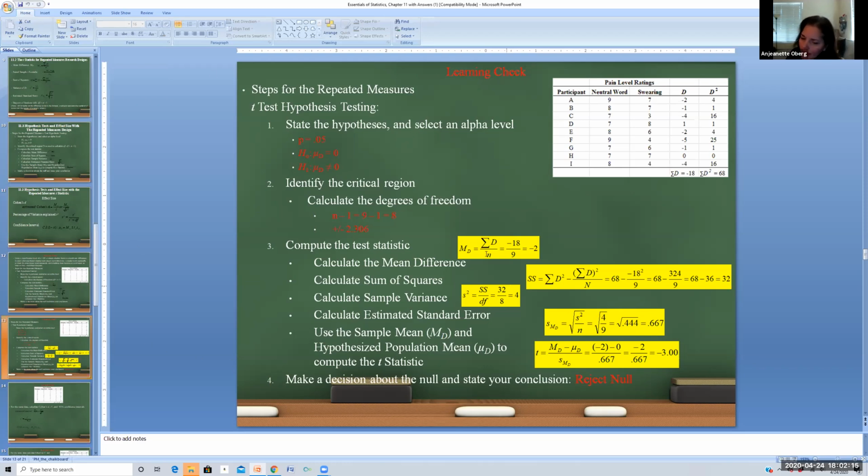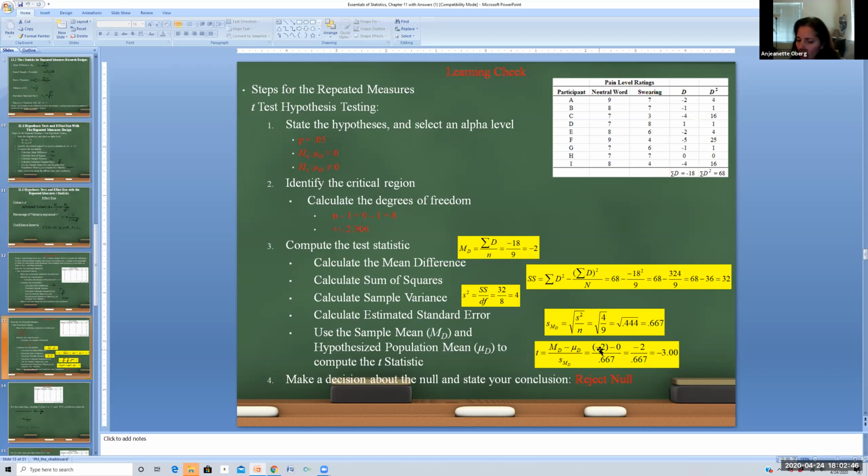Then I'm going to plug that sum of squared deviations value, 32, divided by 8 to get my variance. Then I plug that variance into the formula for our estimated standard error. Then I plug that into the denominator for my formula for the T. The top of my T formula looks at my mean difference scores, which I got up here.